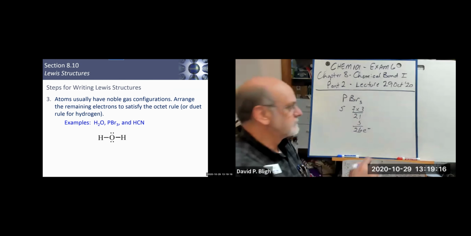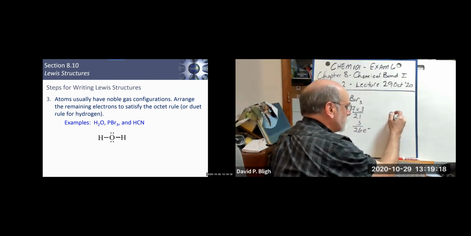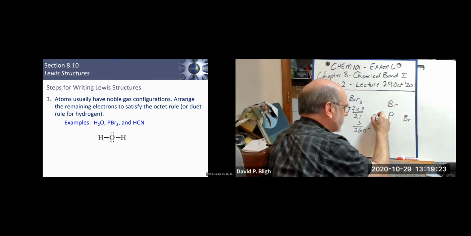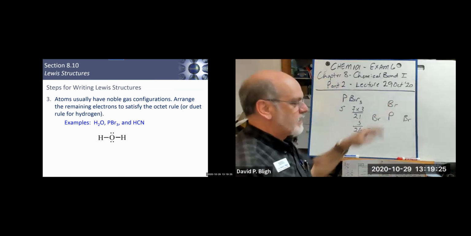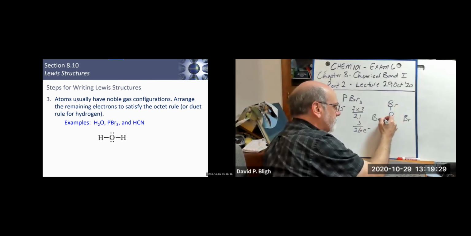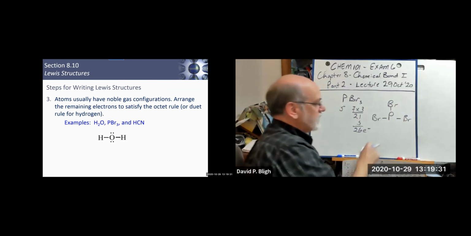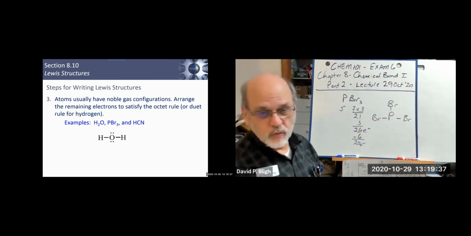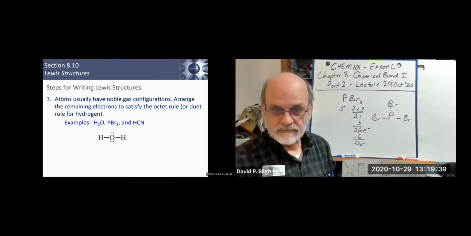It goes in the middle. So there are your 3 bromines, and you form 1 bond each. Okay, so that's 2, 4, 6. You have 20 electrons left over.